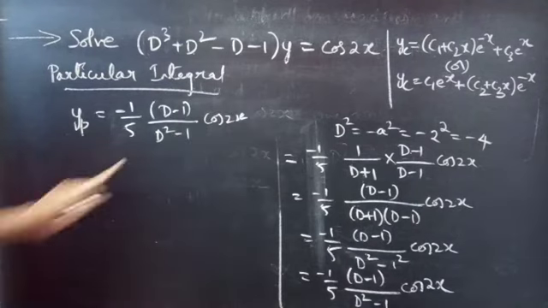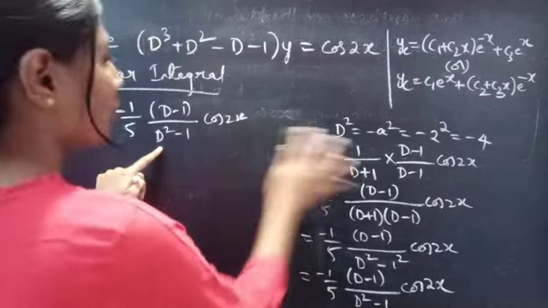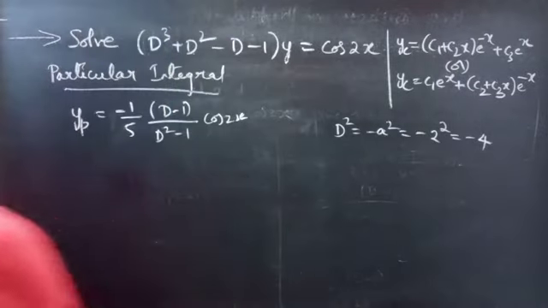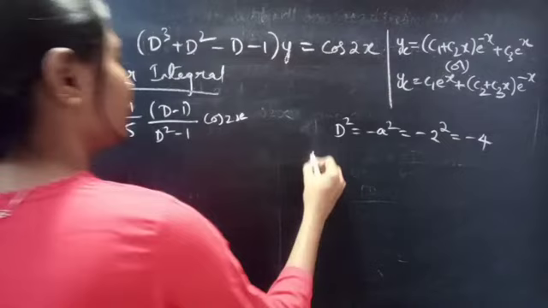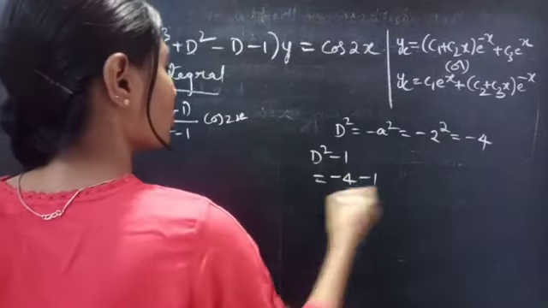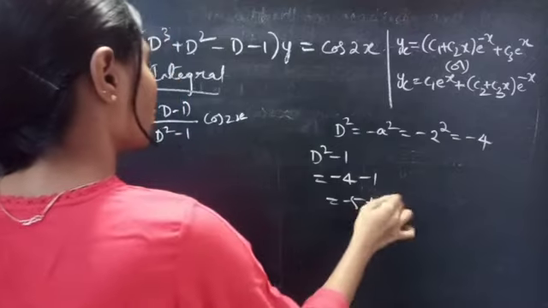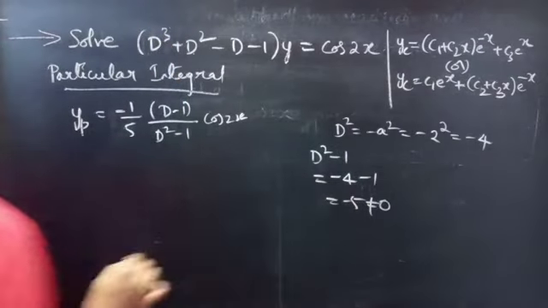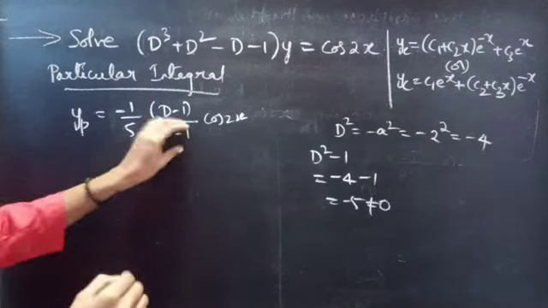Now again, D square appears in the denominator. So what do we have to do? We have to again check the denominator by replacing D square by minus 4. Replace D square by minus 4, you get minus 4 minus 1, which equals minus 5. Since it is not equal to 0, we can replace D square by minus 4. Always the denominator must not be equal to 0.